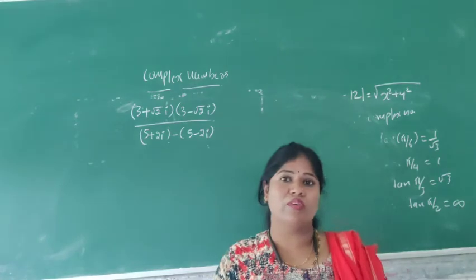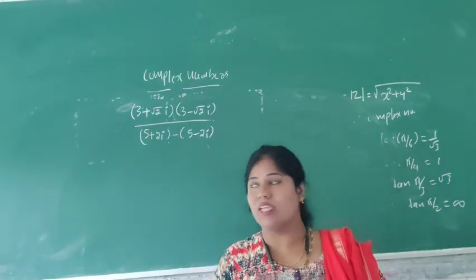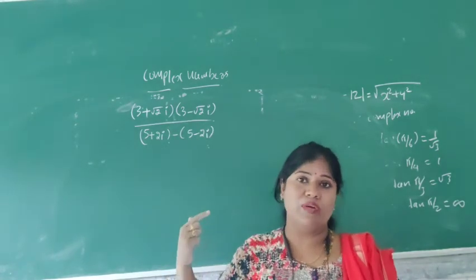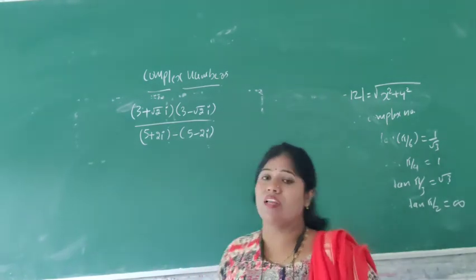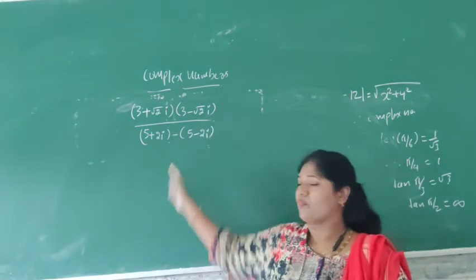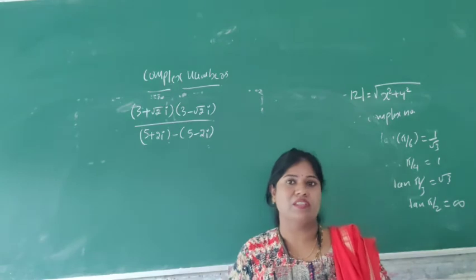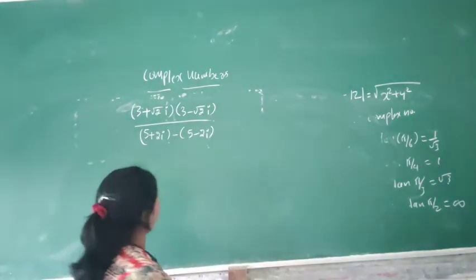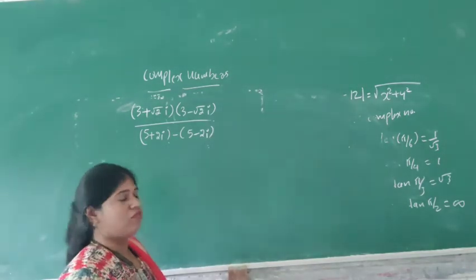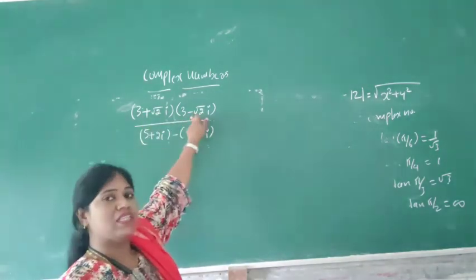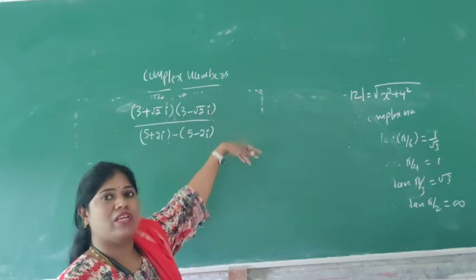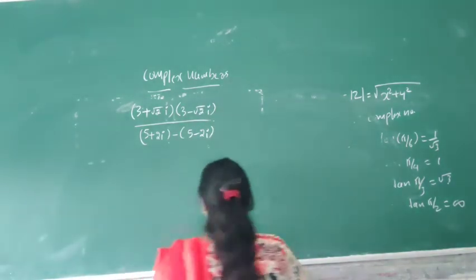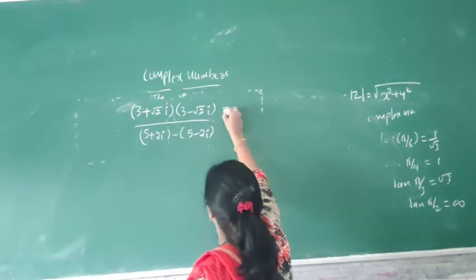So what do we have to do first? In the numerator we have the product, and in the denominator a subtraction of complex numbers is there. What is A plus B into A minus B? It is of the form A plus B into A minus B, which is equal to A square minus B square.